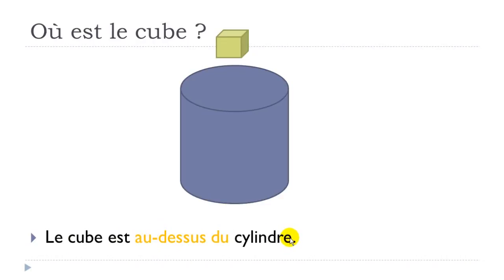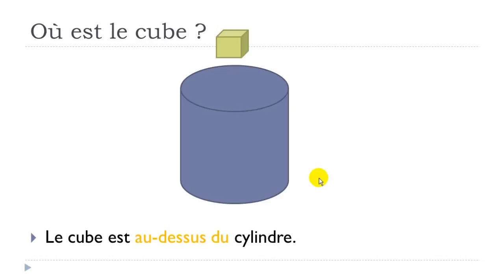Alright? Then, here, no contact, and that's really important. Le cube est au-dessus du cylindre. Let's repeat it. Le cube est au-dessus, final S not pronounced, au-dessus du cylindre.